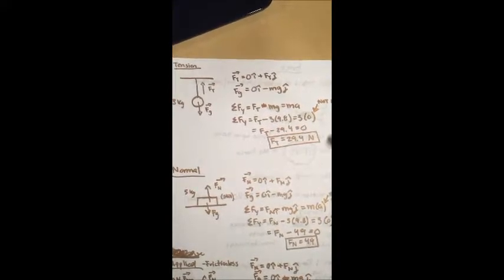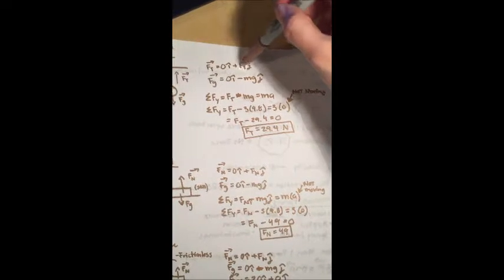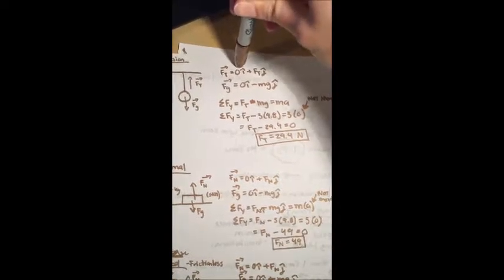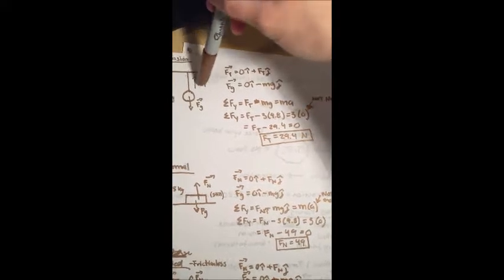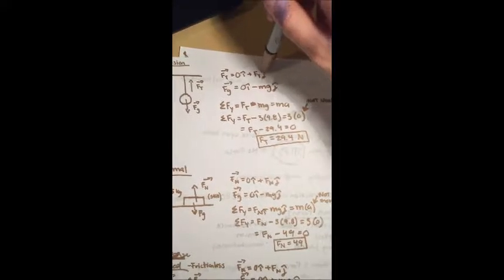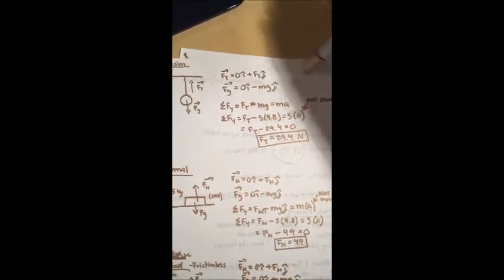So let's start with tension. This force is not going in the x direction, on the x-axis I mean. So this is just going to be 0i plus, the tension is going on the y-axis, so it's going to be Ft j hat.